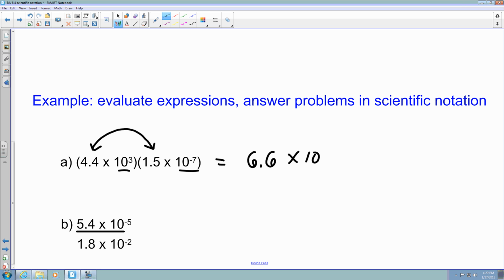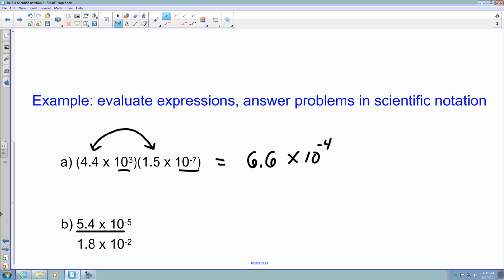And so since we're multiplying the tens, we can add the exponents. So I have 3 and negative 7. So 3 plus a negative 7 gives me a negative 4. So 4.4 times 10 to the third times 1.5 times 10 to the negative 7th equals 6.6 times 10 to the negative 4th. Okay?